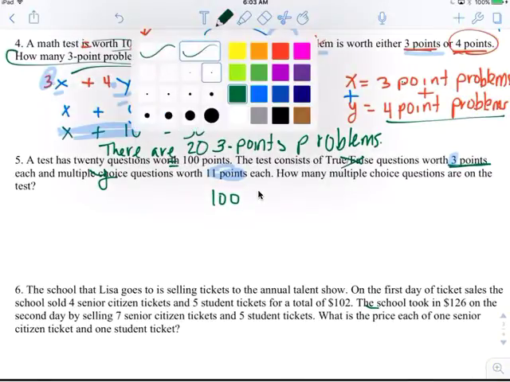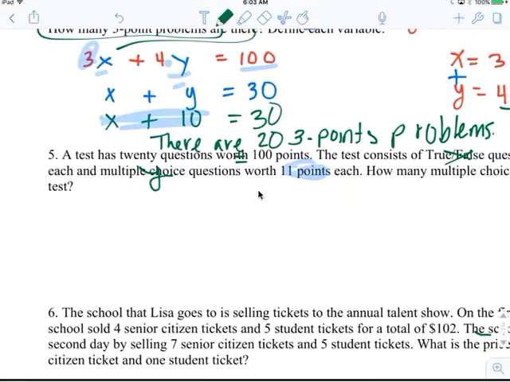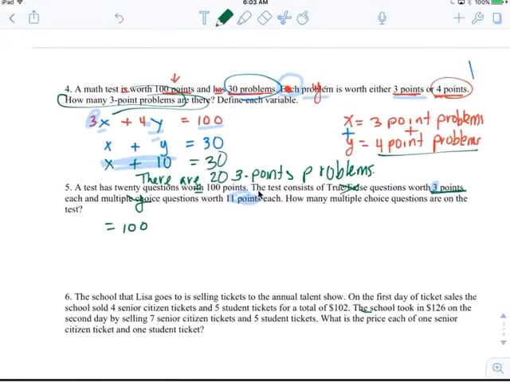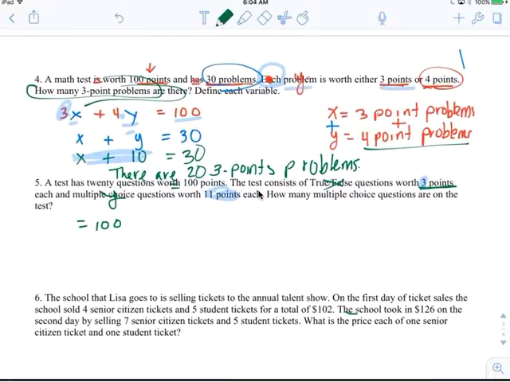Okay, first of all, let's define, let me give myself more room. When you're doing this, make sure you're conscious of giving yourself room. Equals 100 points. And we can't do this problem.